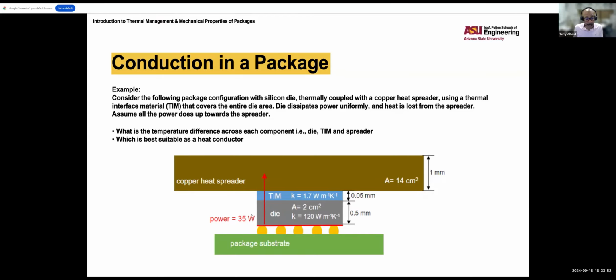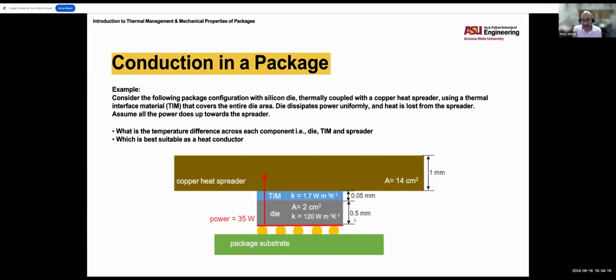The power dissipated at the interface is 35 watts. Thermal conductivity, 1.7 watts per meter per Kelvin. The area, 2 square centimeters. And K for the die is 120 watts per meter per Kelvin.